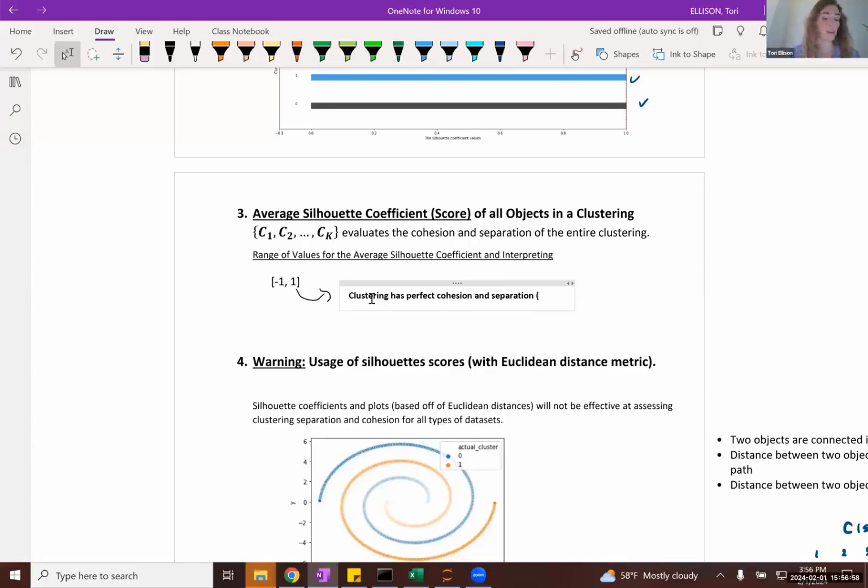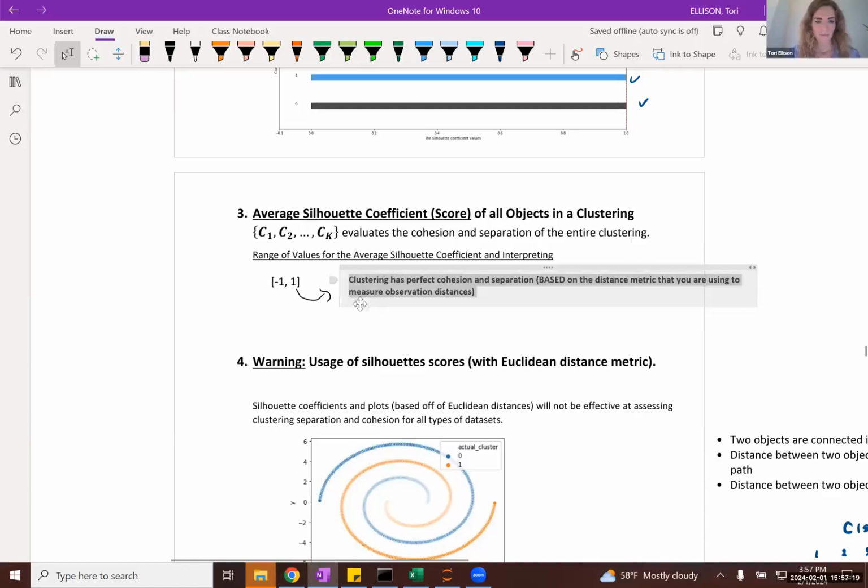I'm going to put a big caveat here: based on the distance metric that you are using to measure observation distances.